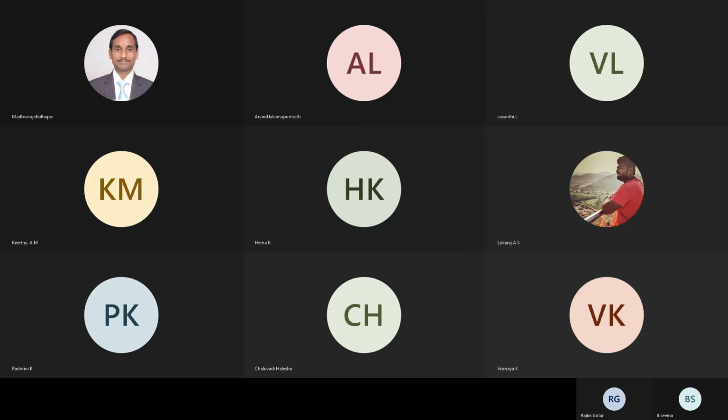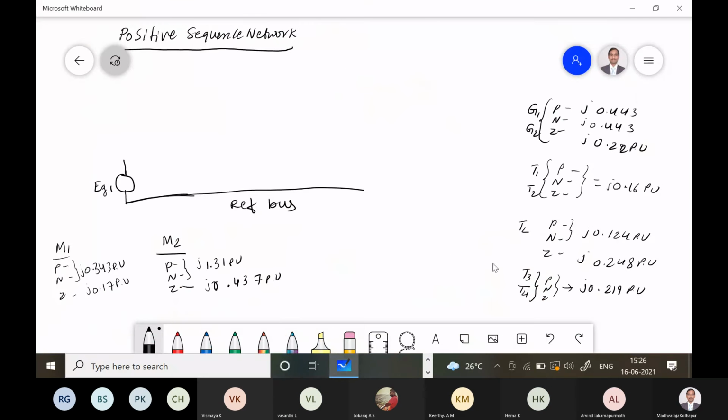Take a reference bus. From this is EG1. Now it is visible, right? Yes, sir.